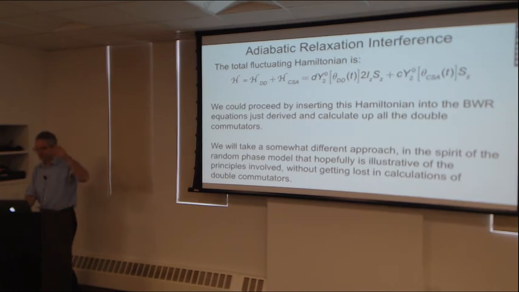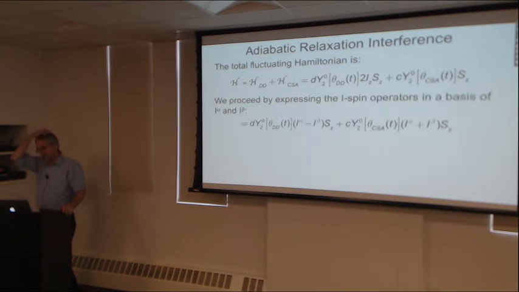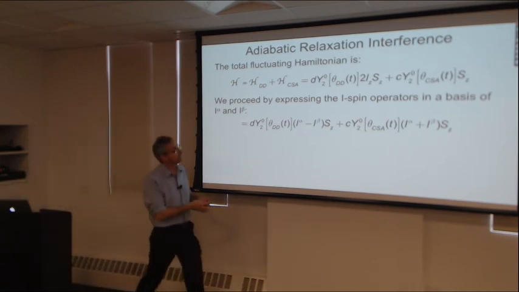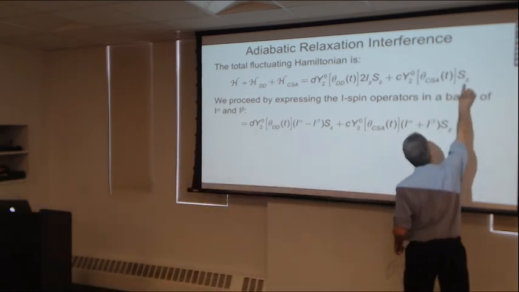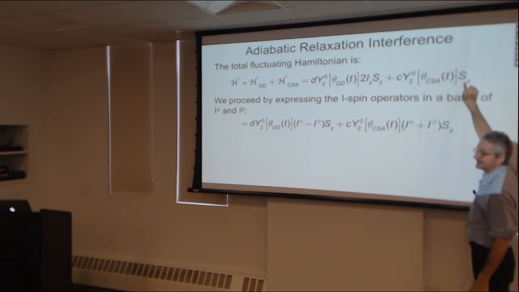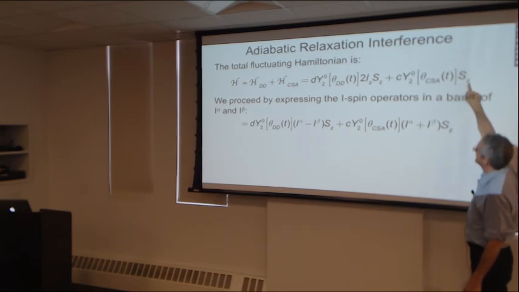And then we can just plug this into our equations, calculate the double commutators, and we're done. But let's go back to our random phase model. Remember what I mean by XZ: it is the identity operator for the I spin times the S spin Z operator.